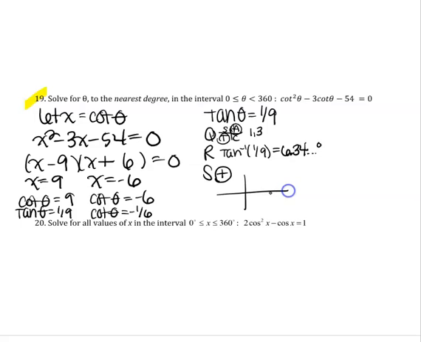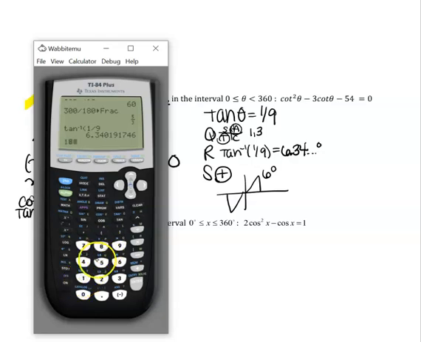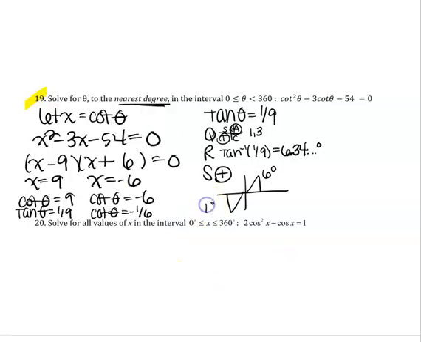So you're going to take that reference angle and have it in quadrant 1 and quadrant 3. Now, to the nearest degree, that means in quadrant 1, your answer is just 6 degrees. But if I take this reference angle and add 180 to put myself in quadrant 3, that's going to be about 186 degrees. So those are my first two solutions.